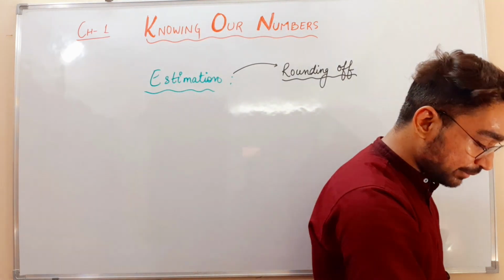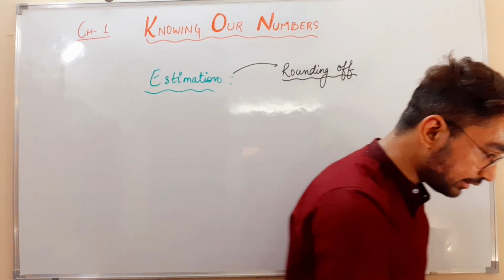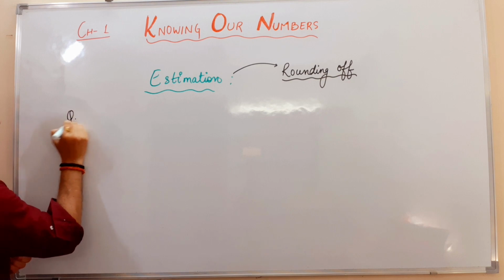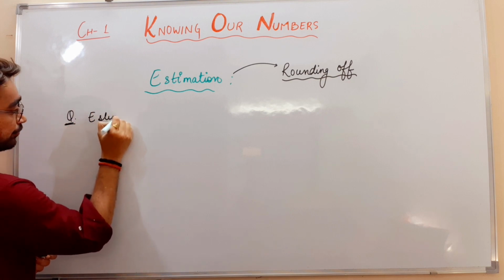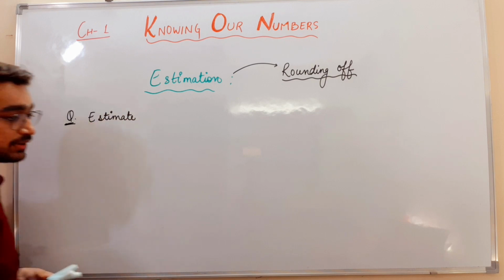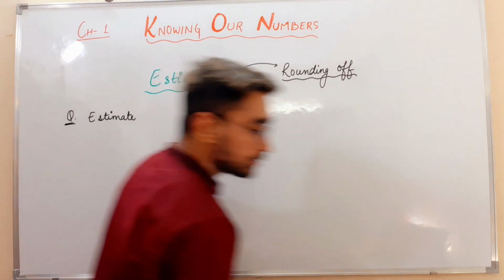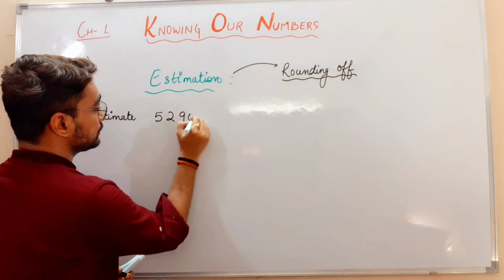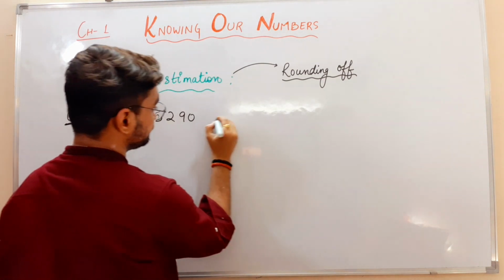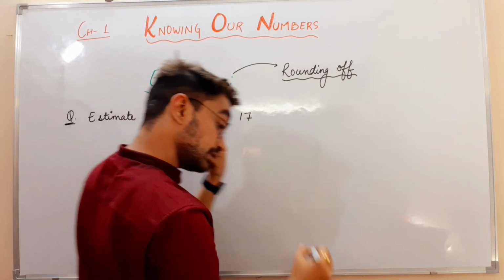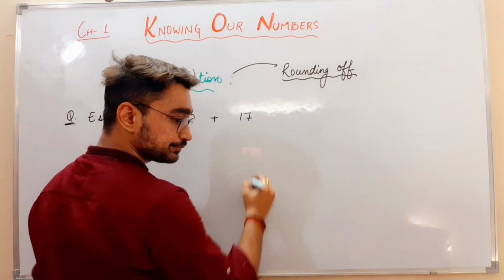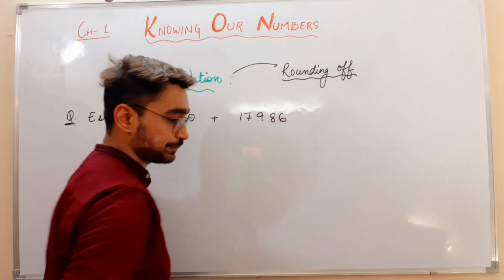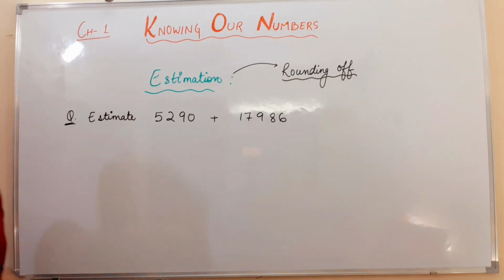So if I am writing one example here from NCERT textbook: estimate 5290 plus 17,986.